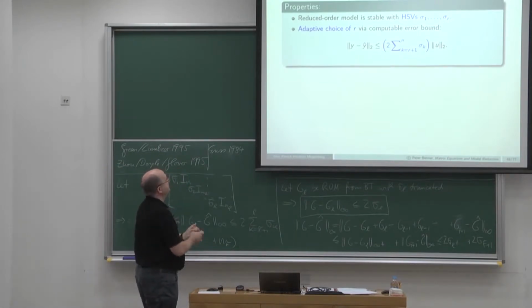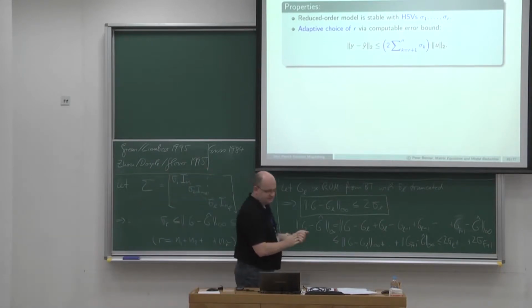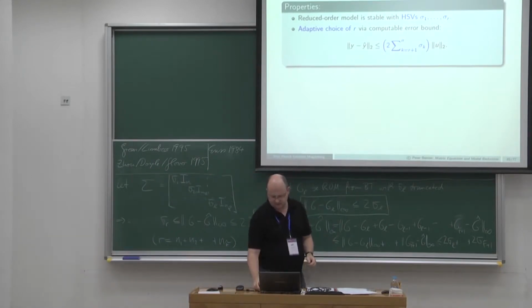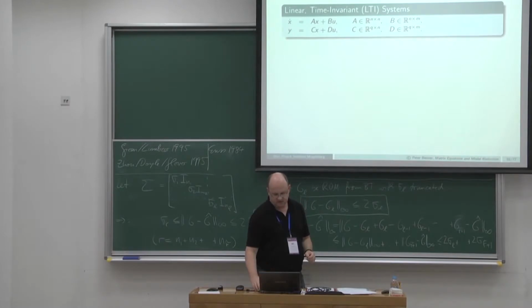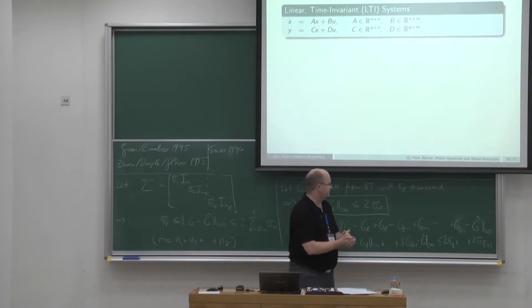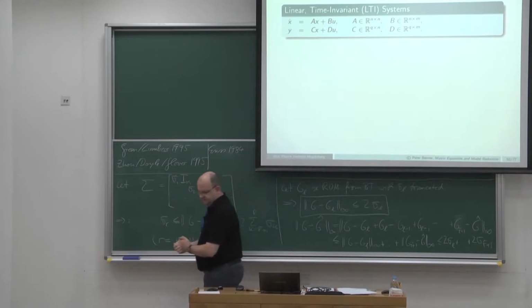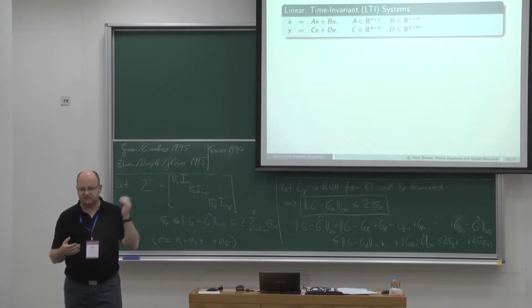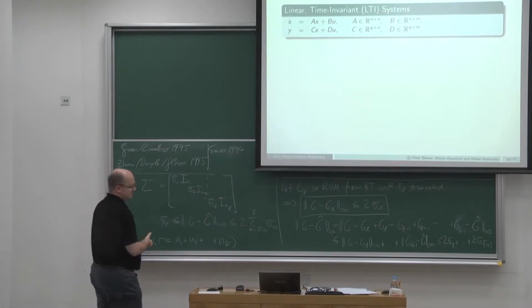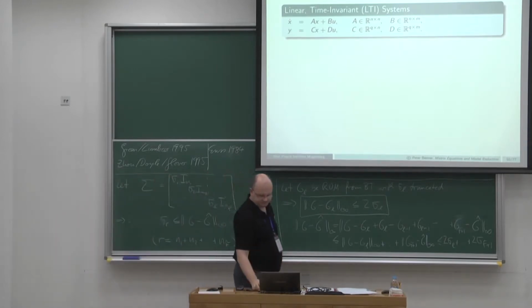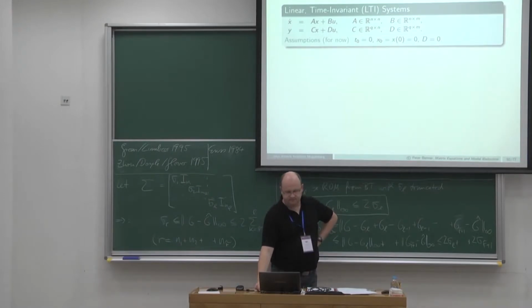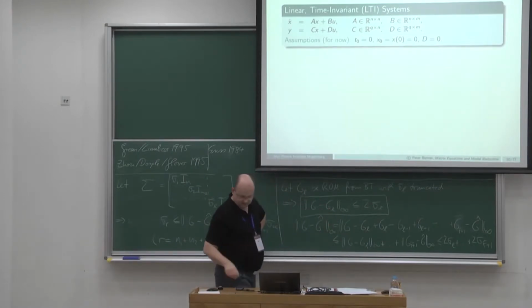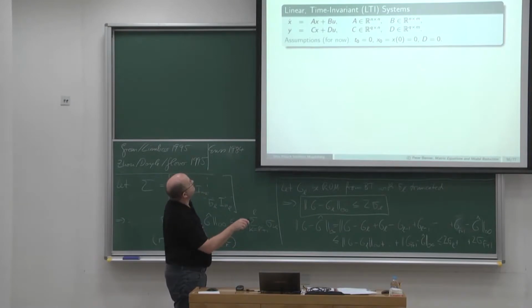All right, that was balanced truncation in a nutshell, and now I want to guide you through a little bit of the theoretical background that motivates balanced truncation apart from the error bound and the system preservation. So for this derivation, d doesn't play a role, so we set it to 0, and we also set the initial state to 0.